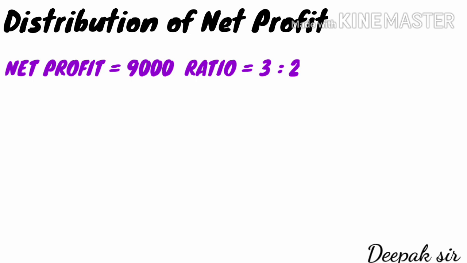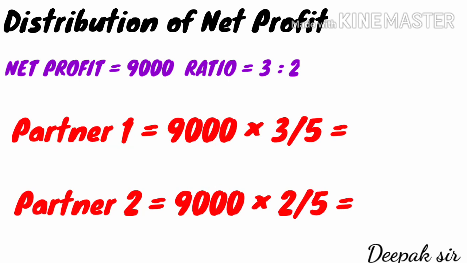Now in this particular example the ratio is 3:2, so denominator will come 5, that is 3 plus 2, 5. So for partner 1 the net profit is 9,000 multiplied by first partner share is 3, so it will come 3 divided by 5. For partner second net profit is 9,000, second partner share is 2, so it will come 2 divided by denominator 5.